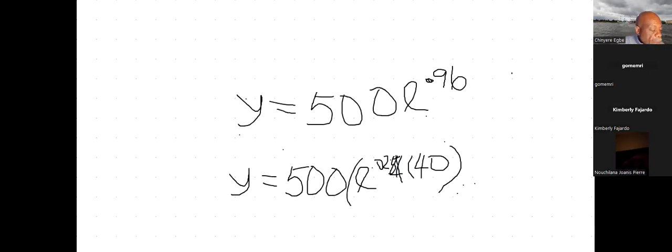Okay, so y becomes 500 times e to the power 0.96. Okay, so we'll find e to the power 0.96. What is it?